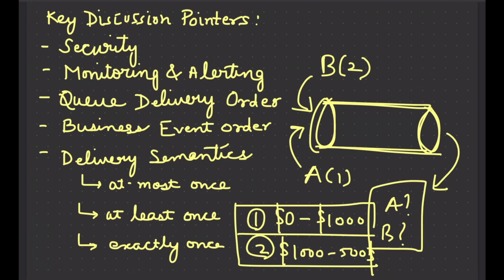So what basically happens in this case, if the downstream receives the event 1,000 to 500 first, and then the 0 to 1,000 event second, it must be able to identify the two messages that are out of order. Maybe you can use something like a timestamp.